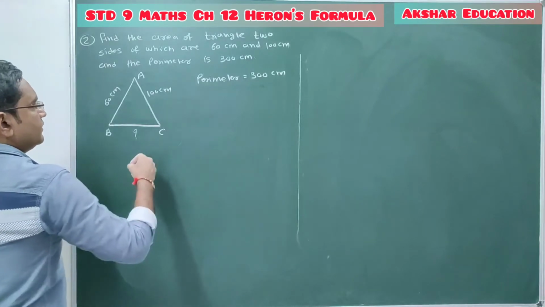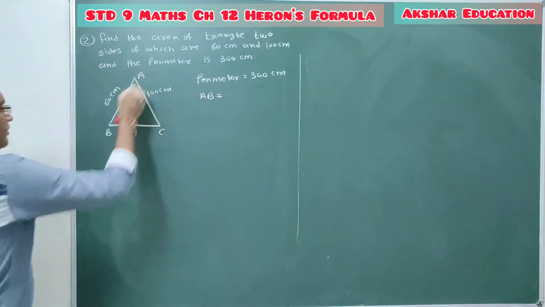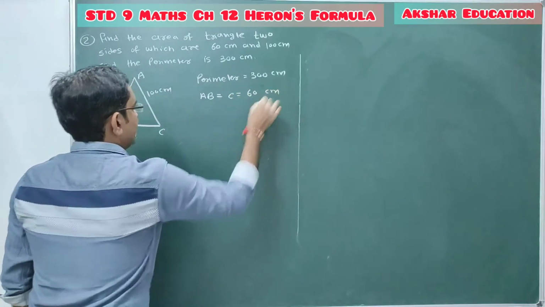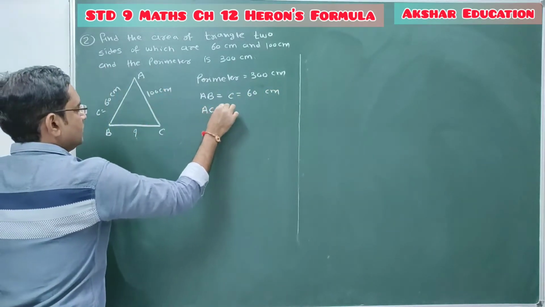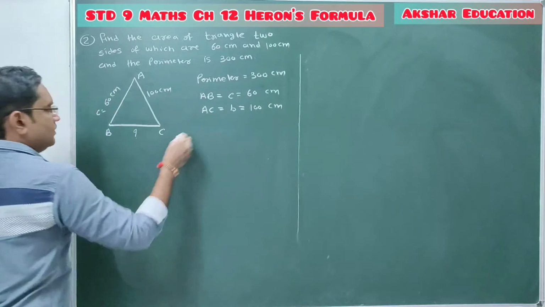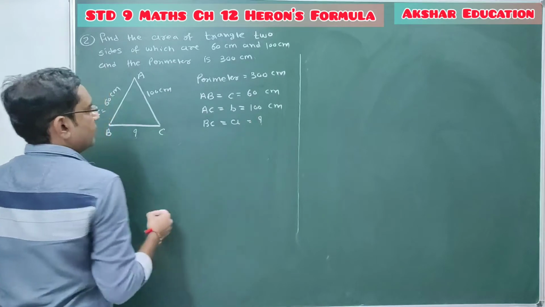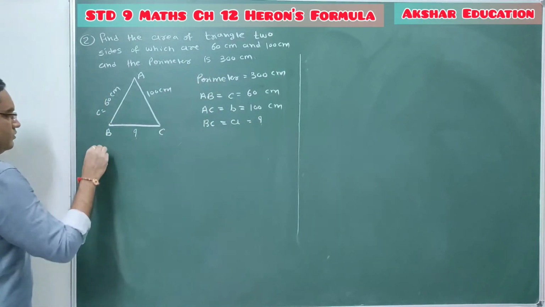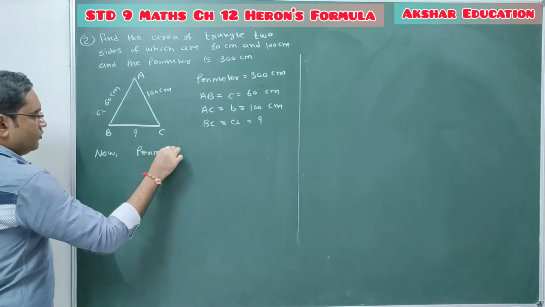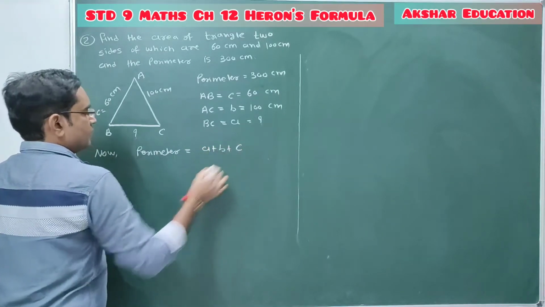So now in triangle ABC, we can say that AB equal to small c, which is equal to 60 centimeter. AC equal to b, which is equal to 100 centimeter, and the third side BC, which is equal to a, you have to find, and also we are given the perimeter. Now the formula of perimeter: all of you know what perimeter is. It's the sum of the measures of all three sides, a plus b plus c.